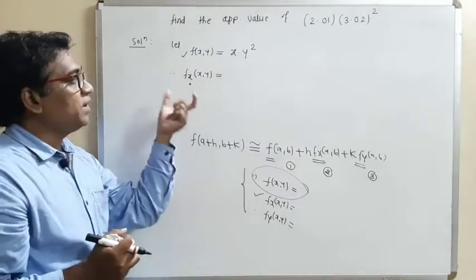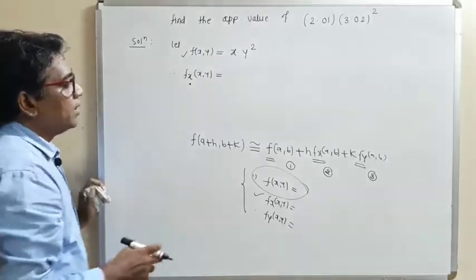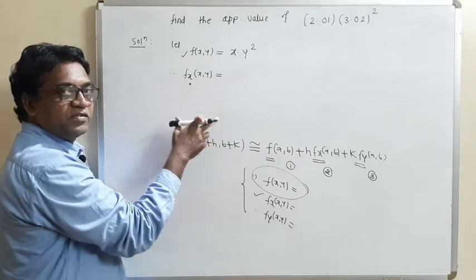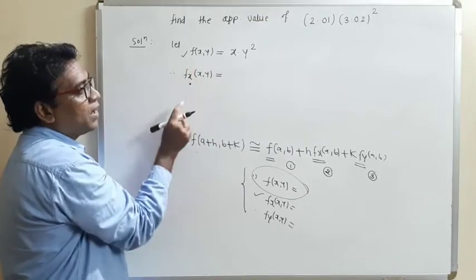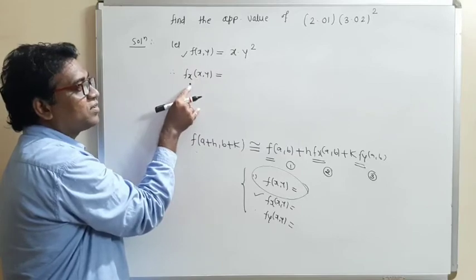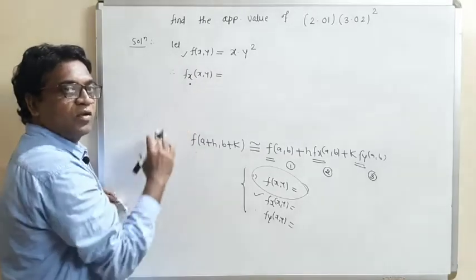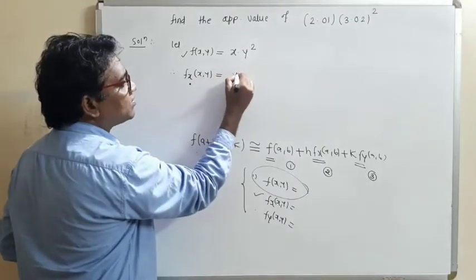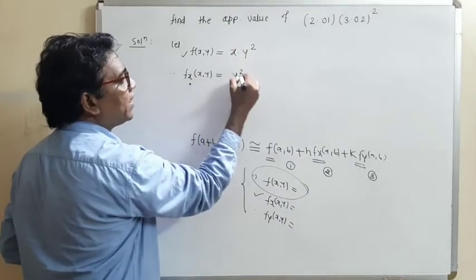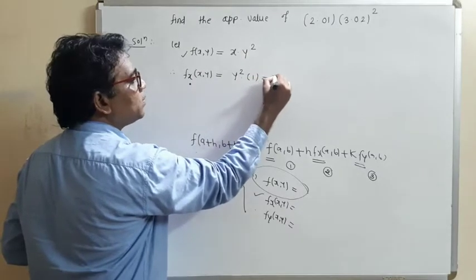The partial derivative fx means differentiating f partially with respect to x, so just find the derivative of x alone by keeping y constant. So y square is constant, and the derivative of x is 1, so this will be y square.